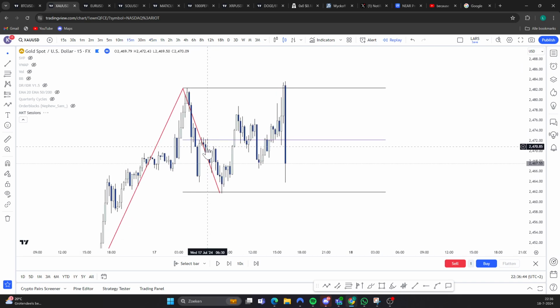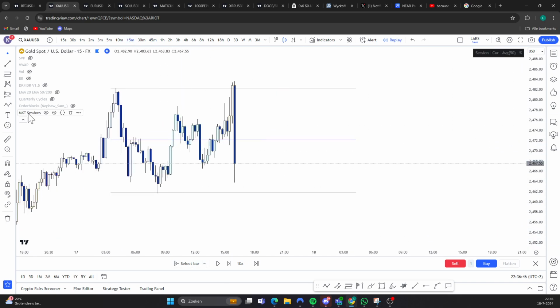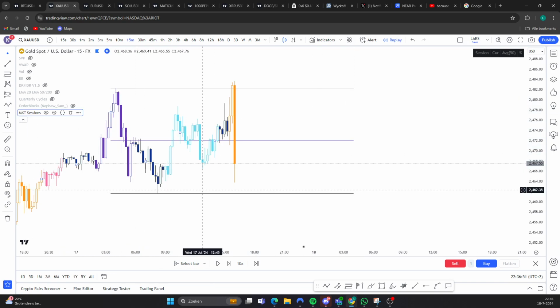And what was so significant about this range is that if I pull on the market sessions, we can see that our range high is actually our Asia high, and the London open is inside the session high and low of Asia, meaning a lot of liquidity has been built up between this high point and this low point, because we have the high point here, we have the low point here, and then we just have price action internal, not taking those extreme points.